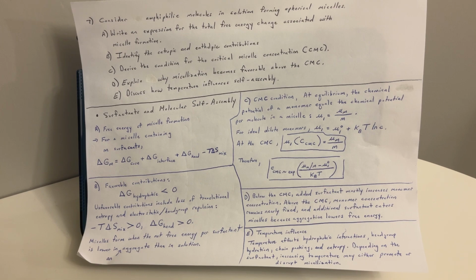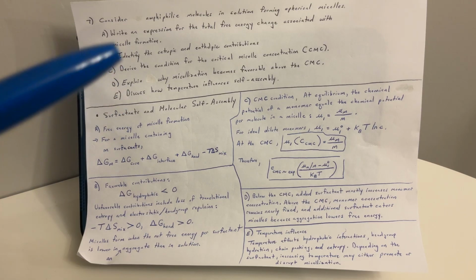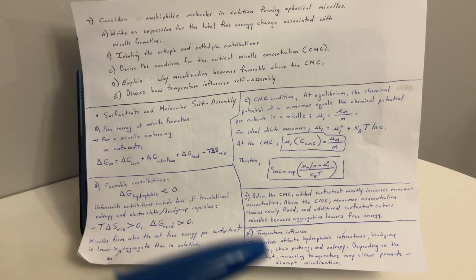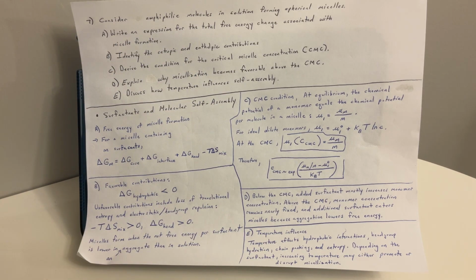An additional surfactant enters micelles because aggregation lowers free energy. Part E, discuss how temperature influences self-assembly. Temperature affects hydrophobic interactions, head group hydration, chain packing, and entropy. Depending on the surfactant, increasing temperature may either promote or disrupt micellization.